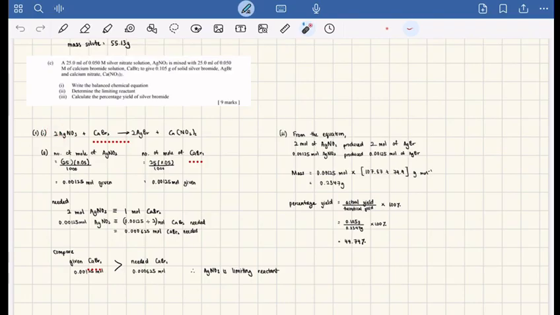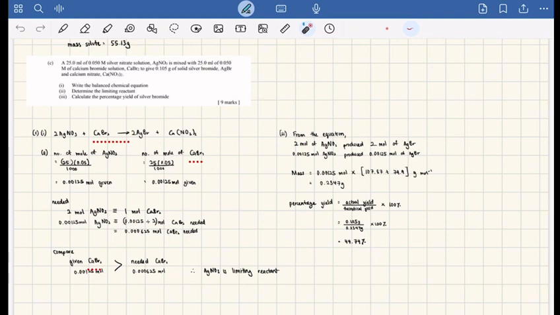Okay, now let's recheck everything. 2 Ag, 2 Ag, 2 NO3, 2 NO3, Ca, Ca, Br2, 2 Br. So everything is equal to each other. So this is the balanced chemical equation.